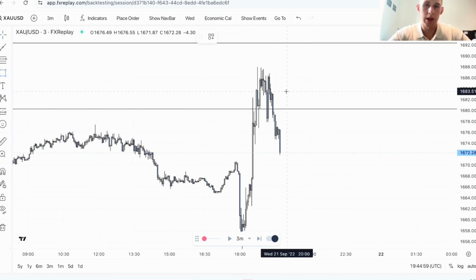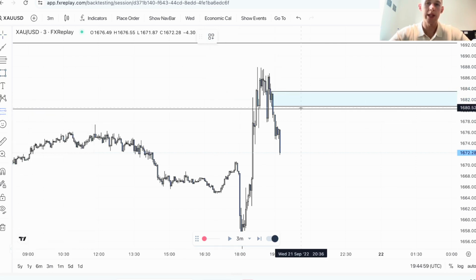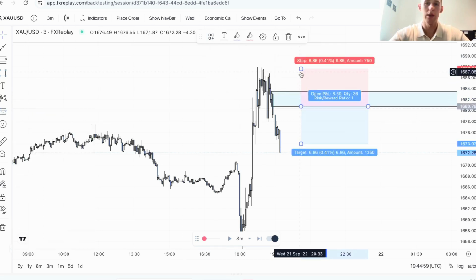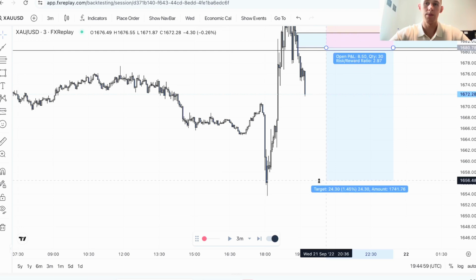Cool, so this looks pretty nice. This would be sort of a perfect setup, and we'll set a limit here. Stops a little bit above that high, and we'll go for a 1 to 3.